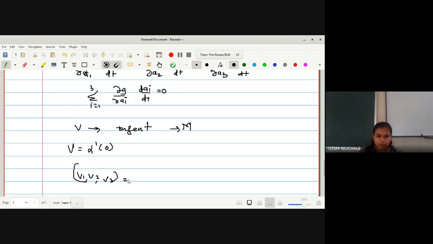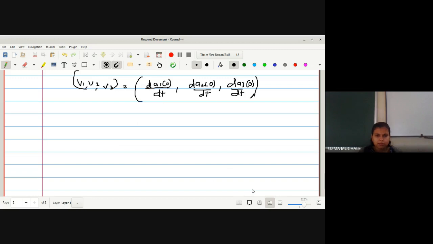So what is v? Vector v is nothing but the coordinates v1, v2, v3. I can say this is simply dA1 of 0 by dt, then dA2 of 0 by dt and dA3 of 0 by dt. Because your vector is your alpha, so I can say this is alpha dash of 0; you have to take the derivative of the coordinates of alpha.